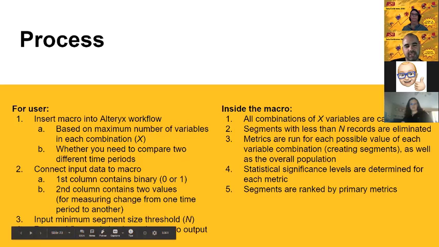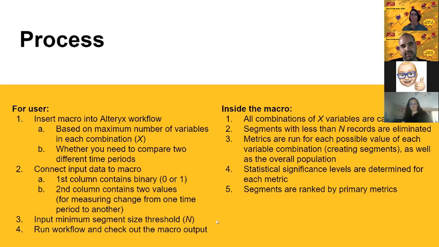So if you have female students in engineering under the age of 18, and there's 10 of those, and your minimum is 30, which is the default, we're just going to kick that population out and say, you know what, that's just noise. We don't really care about it.